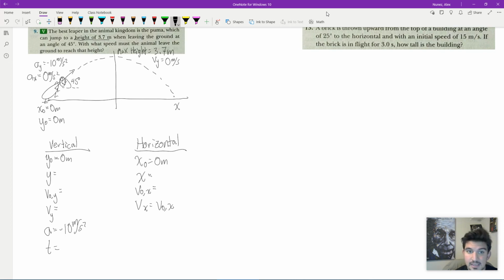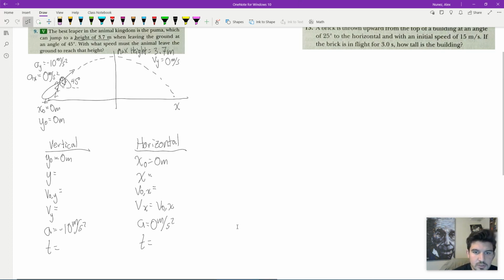That is one of the keys when we're talking about 2D motion, is that horizontal component does not have any acceleration, and so that velocity is always the same. We don't know anything about the time again, so we can leave that blank, okay?